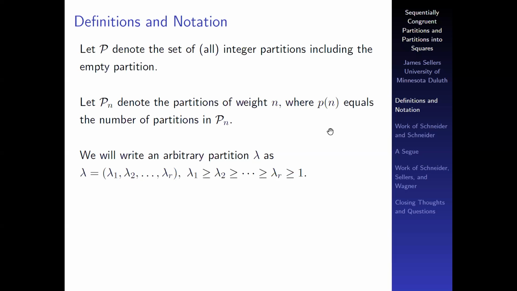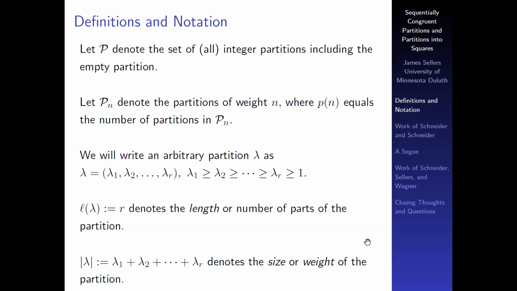We're going to write an arbitrary partition lambda with its parts just in parentheses with commas separating them. And the largest part will be first, and then the parts will descend or non-increase as we read left to right. All the parts have to be at least 1. We're going to let little l of this partition lambda, which is simply this r, this subscript r, denote the number of parts or the length of the partition, L for length.